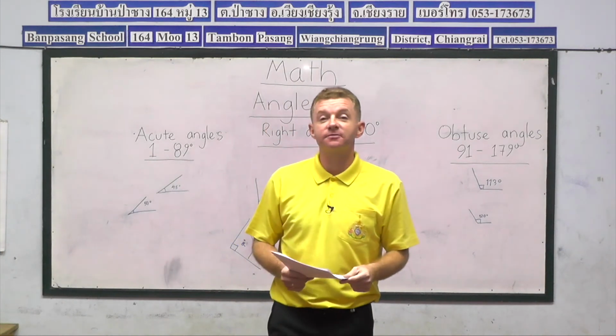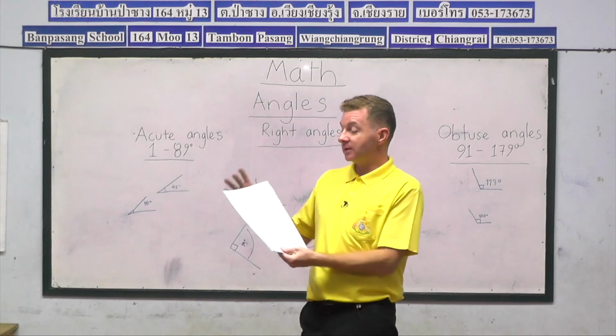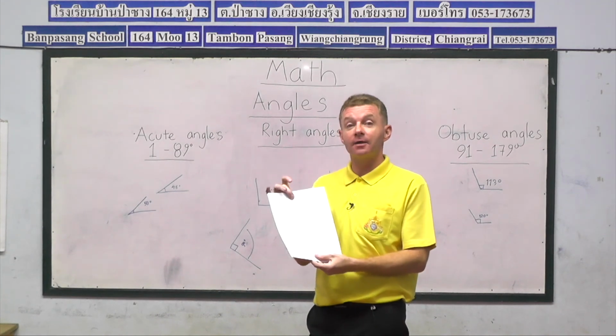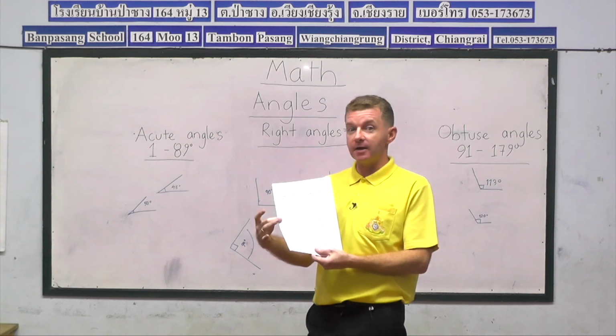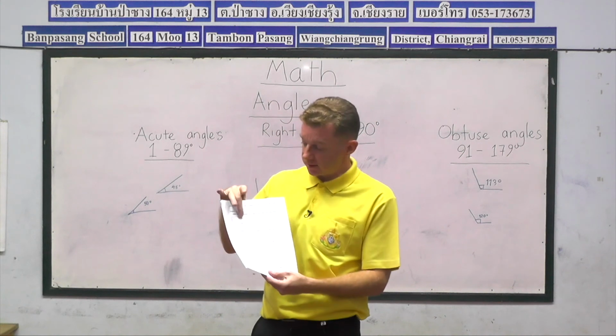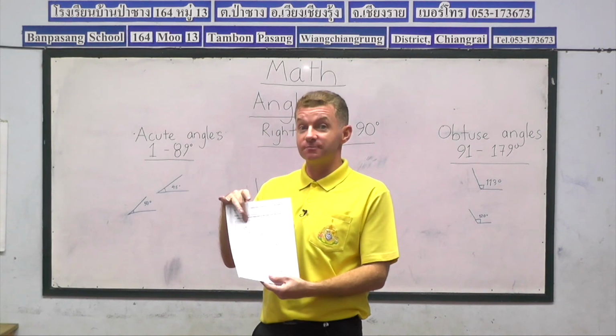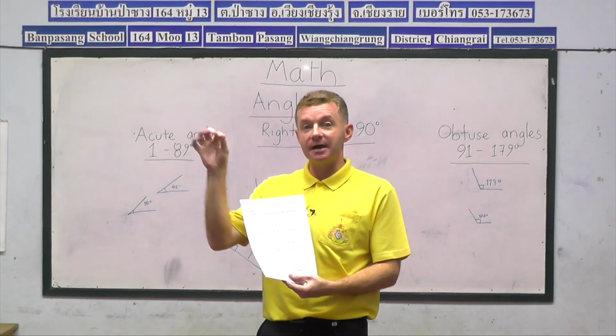Welcome back to class. We hope your students enjoyed the worksheet exercise where they had to design their own angles based upon the names, right angle, acute angle, and obtuse angle, and then demonstrate their understanding by writing the amount of degrees involved and naming them correctly using the vertex and lines.